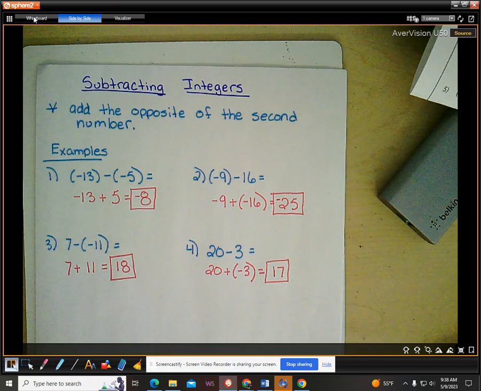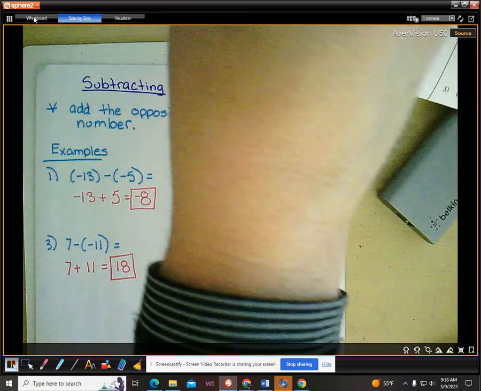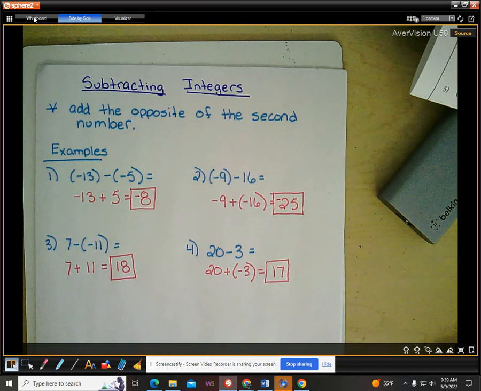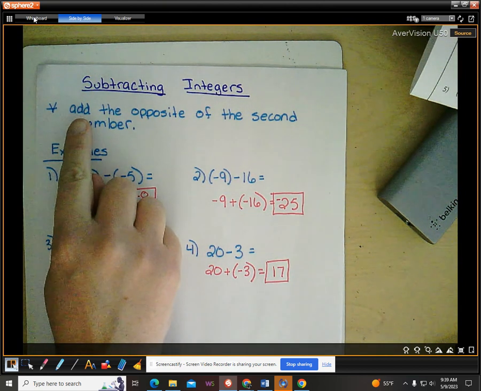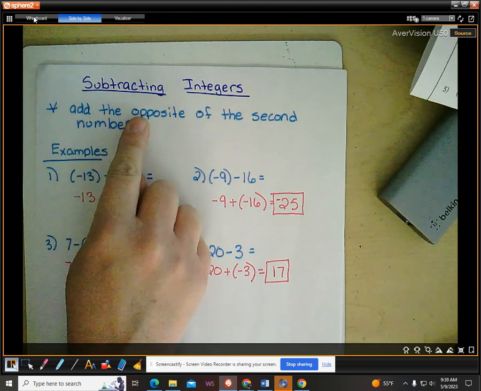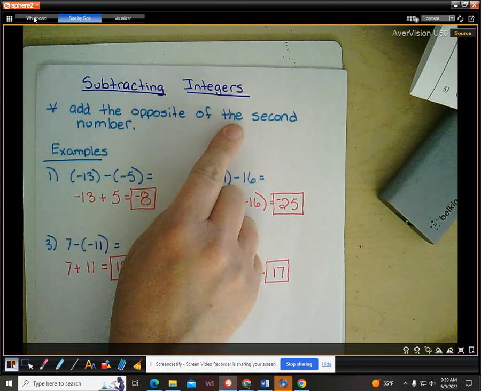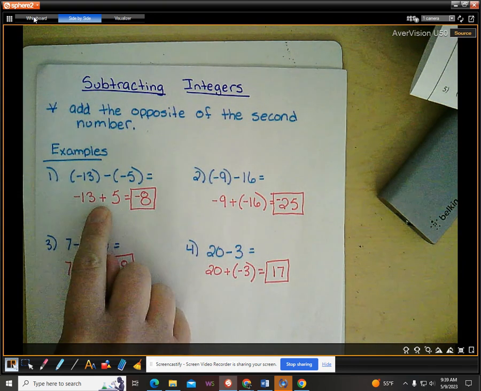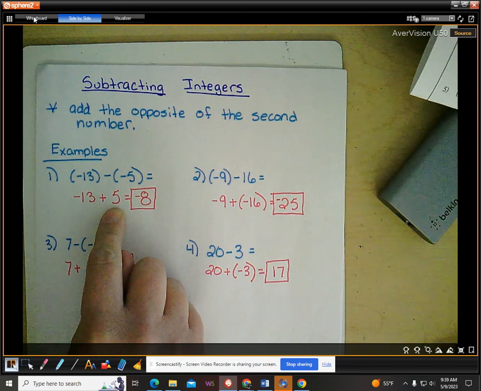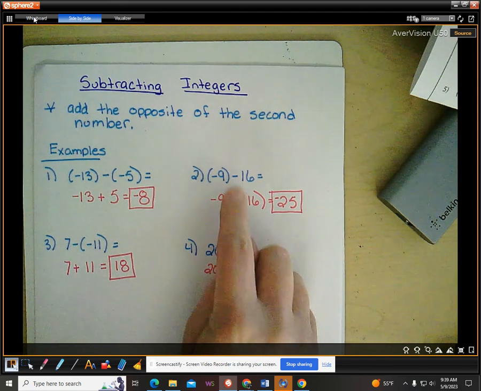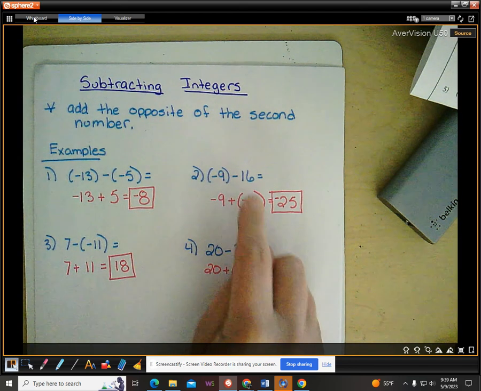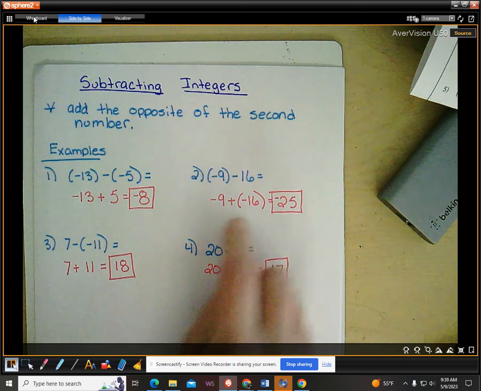Okay, so again, we never actually subtract integers. So when you're given a subtraction problem now, and it has one or more negative numbers, you have to change the problem and add the opposite of the second number. So this became addition, negative 5 became positive 5. Subtraction became addition, positive 16 became negative 16.